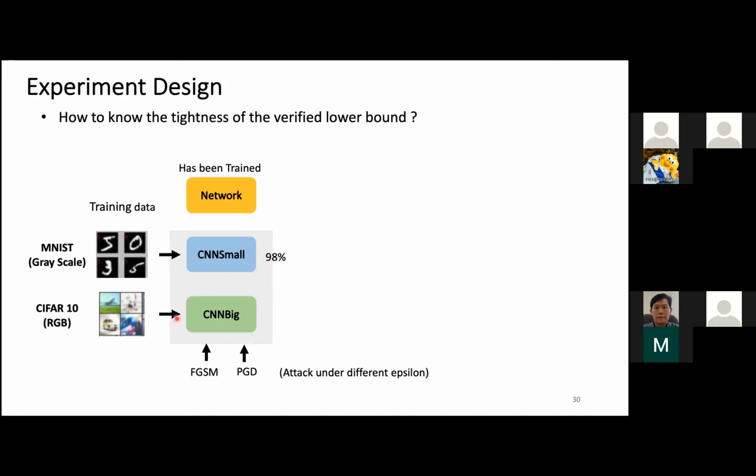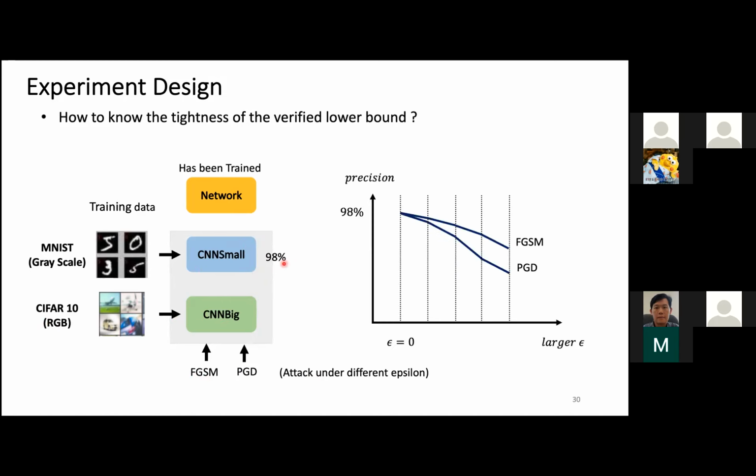For example, the accuracy of the CNN small on testing data is 98%. That's because it's testing data and it's clean data, so this time we don't have an attack and epsilon is 0.